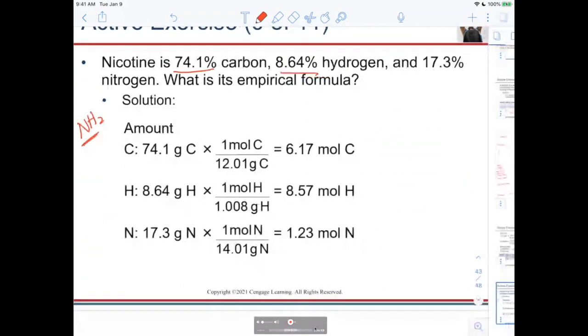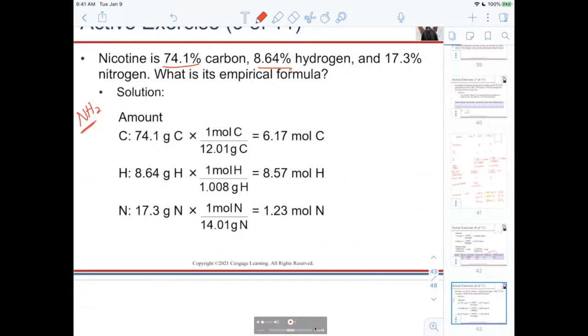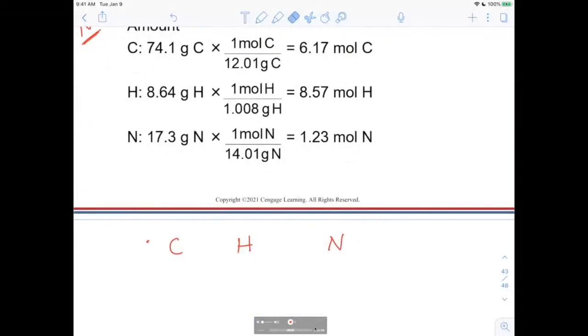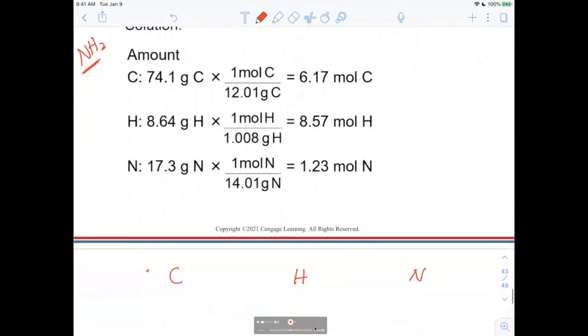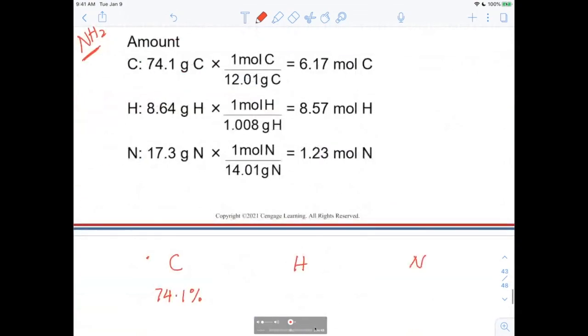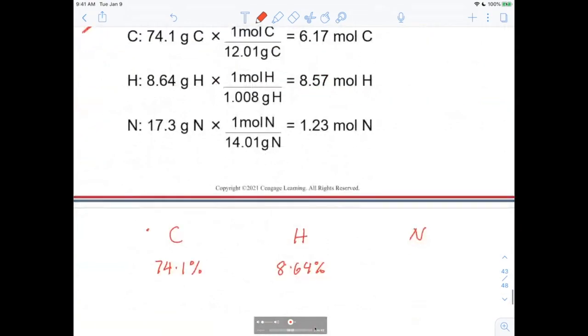Nicotine has carbon, hydrogen, and nitrogen. So let me write this out. Carbon, hydrogen, and nitrogen. And we're given the percentages here as 74.1%, 8.64%, and 17.3%.